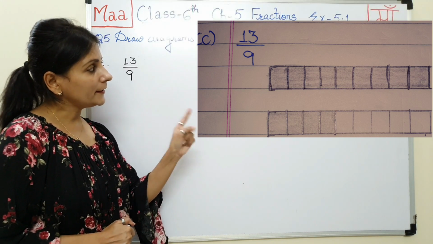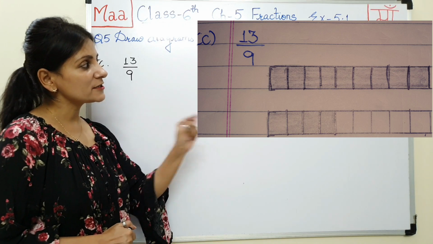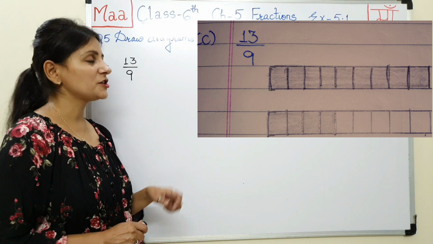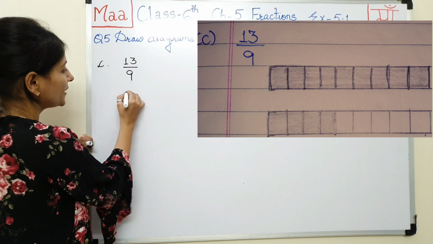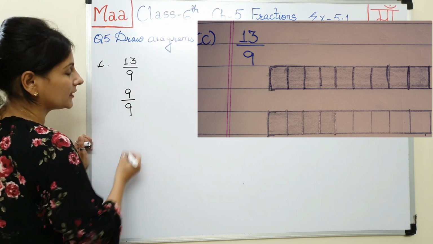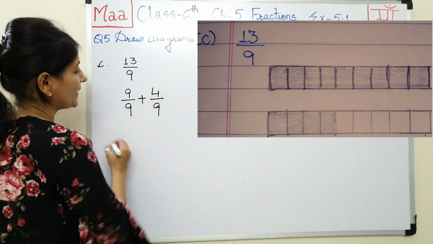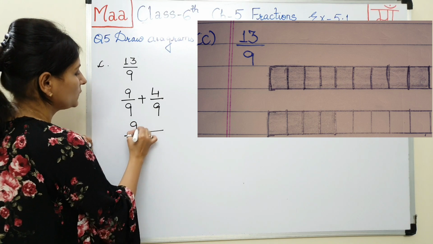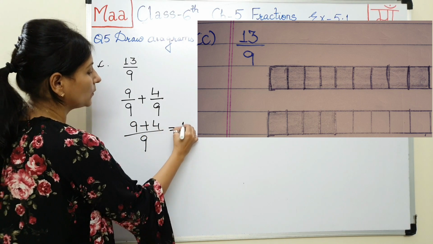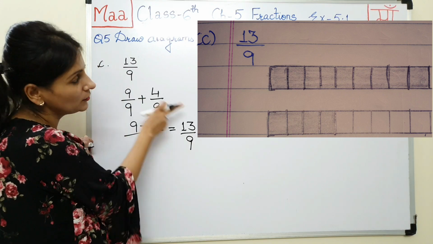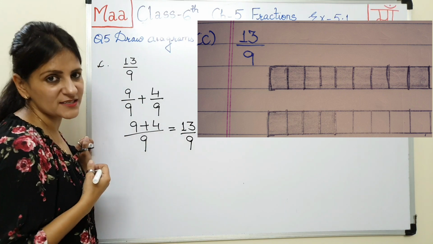First rectangle, it is all 9 parts shaded, and second rectangle you can see that 4 parts are shaded, and we can check it as first rectangle को हम लिख सकते हैं 9/9 और second rectangle को हम क्या लिखेंगे 4/9. अब जब आप इसको ऐड करेंगे so 9 plus 4 is equal to 13/9, which was asked in the question. So like this we can represent it.